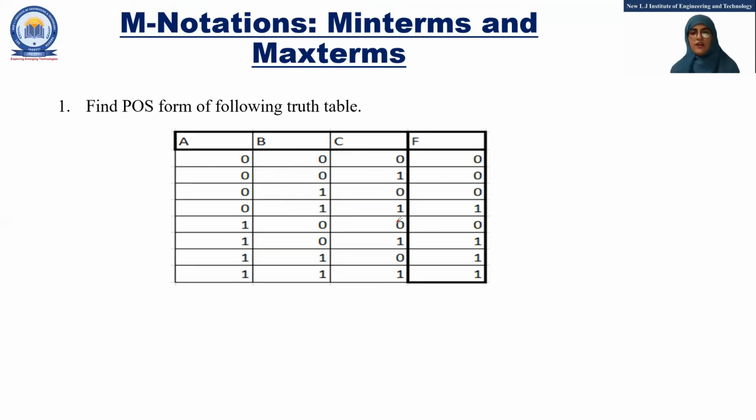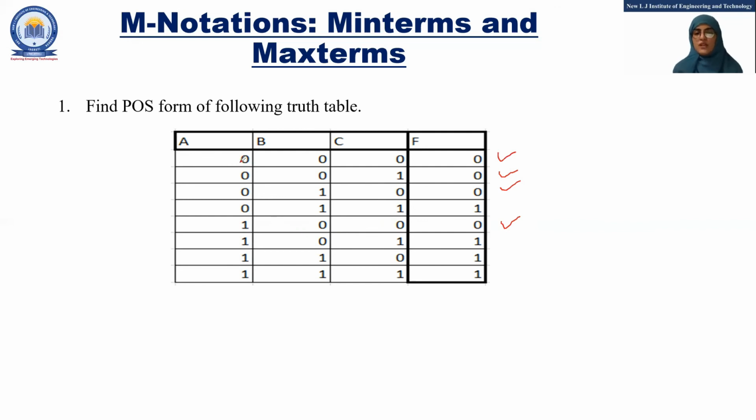Next is to find the POS form of the following truth table. So for POS form, we have to consider the output 0. So this is 0, this is 0, this one is 0 and this one is 0. So we know that in POS form, 0 is A and 1 is A prime.